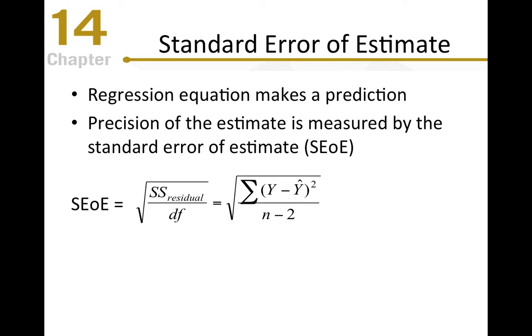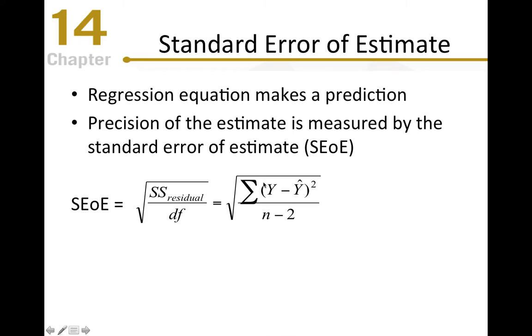With almost everything that we've discussed, we've had some type of estimate to find the error that might be there, whether it be variance or standard deviation or standardized error, and now the standard error of the estimate for regression. For regression, this looks like the sum of squares for the residual, or the error, over degrees of freedom.